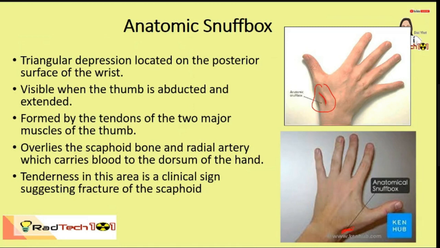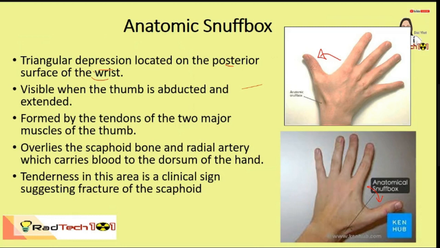So I will erase that para makita nyo. It is visible when the thumb is abducted. As you can see, naka-abduct ang thumb. Ito, mas makikita siya. You can try it now. You abduct your thumb and then you see your anatomic snuff box.